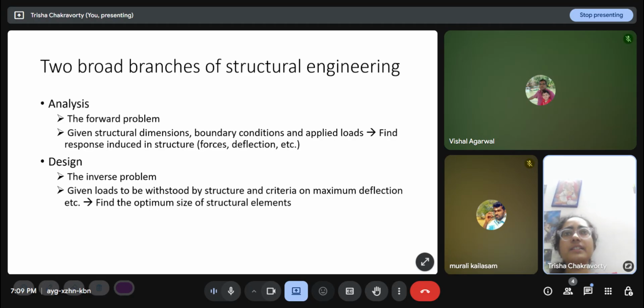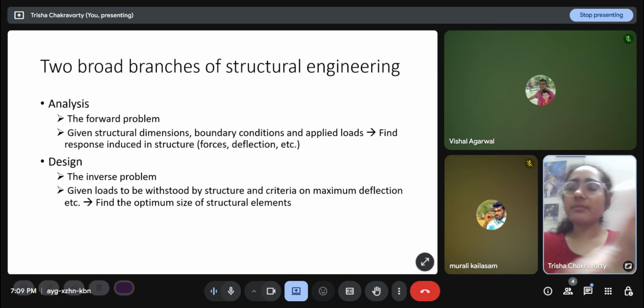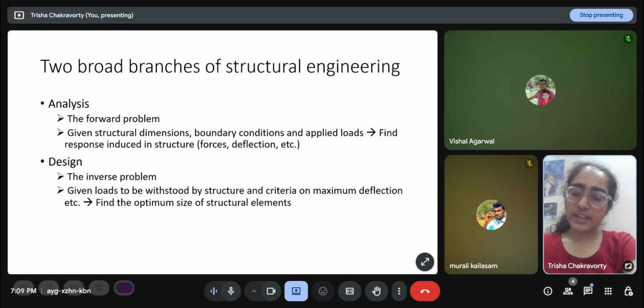There are a lot of categories, but generally in buildings and bridges, dead, live, wind and earthquake loads are the common ones. The dead load is basically the self weight, but the details of the live load to be considered and the calculation of wind and earthquake loads are given in IS codes IS 875 and IS 1893, which is the earthquake design code. According to that, we have to take some forces that I want to design my structure against.